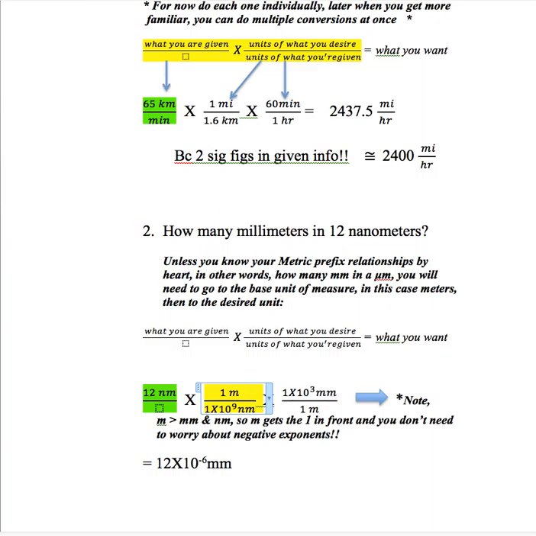What do I do there? Well, I multiply by the next conversion factor, which will get me there, and notice that the meters will cancel top and bottom, and we'll be left with millimeters. So here I'm just overemphasizing that meters is greater than millimeters and nanometers, so meter gets the 1 in both of those scenarios.